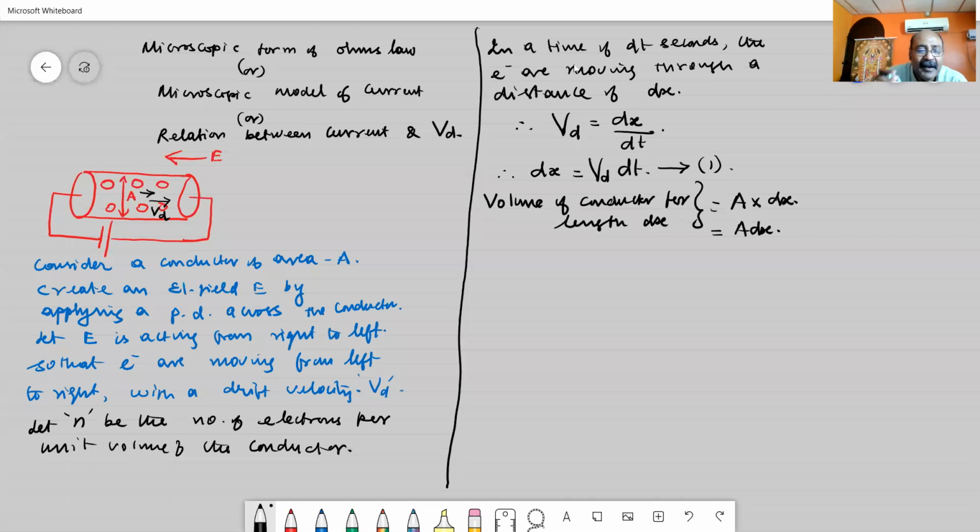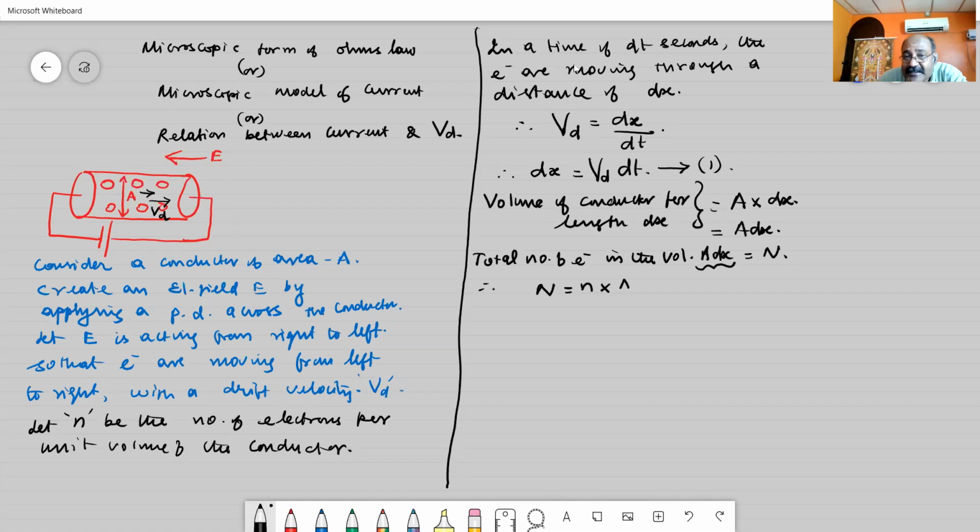We have to calculate. So I am writing: total number of electrons in the volume A into dx is equal to capital N. So capital N is equal to the number of electrons per unit volume multiplied with the total volume. Total volume is A into dx.